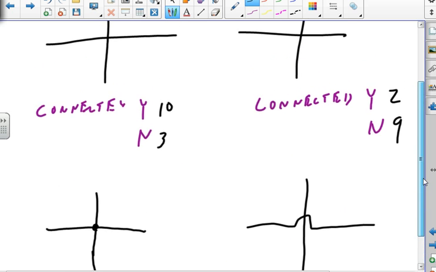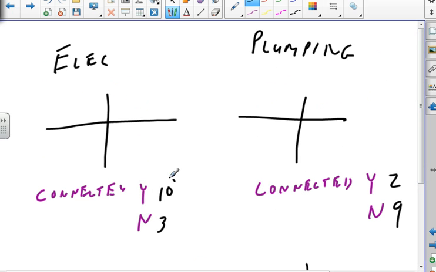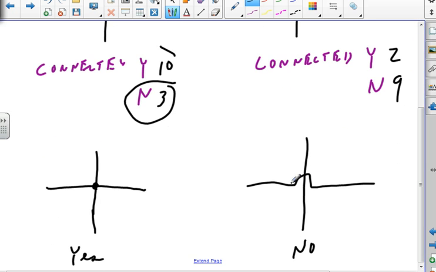So the correct answer here was no. We're not connected unless I put a dot there. So the wires can cross all they want. They're insulated. They're not connected. There has to be a dot for the node. For the plumbing guy, those are connected unless I do something like that, saying that they're not connected.